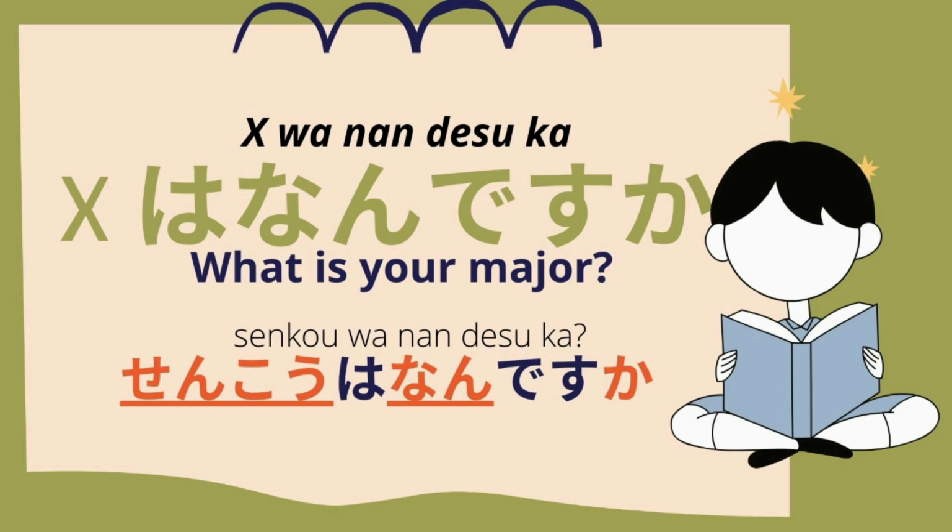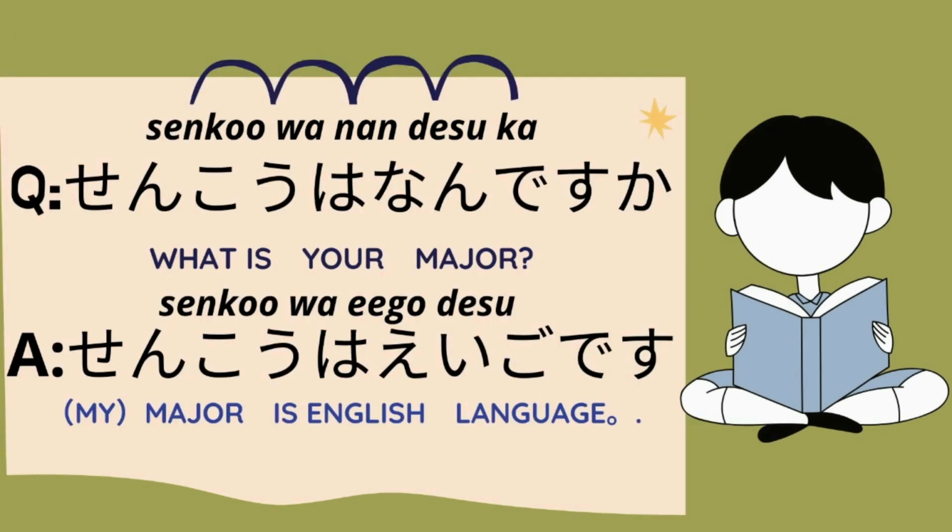So, we'll answer that question, senko wa nan desu ka, by replacing the nan with the answer and removing ka. So, the answer would be senko wa eigo desu. My major is English language.